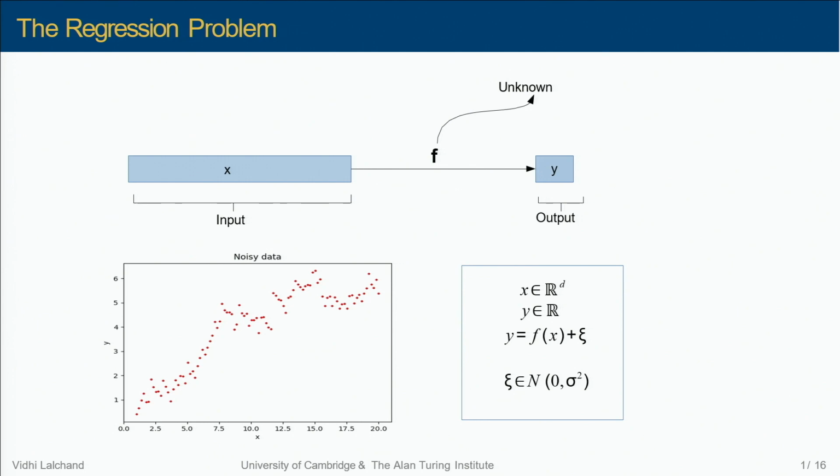The idea about regression is to find the causal link, or the mapping, between X and Y, which is the function f, which is unknown. This is the primary objective of our model fitting process using a Gaussian process. We consider Y to be a noisy target variable with some additive Gaussian noise with a mean of 0 and a variance of sigma squared.